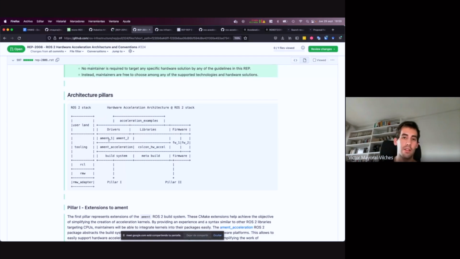Call it SYCL, call it HLS, call it CUDA, call it ROCm from AMD. You can use whatever framework and tooling you are leveraging, and separate that from what concerns building ROS2 systems. We are focusing on building ROS2 nodes and ROS2 computational graphs, and you can use whatever abstraction or framework you want to build your accelerators.